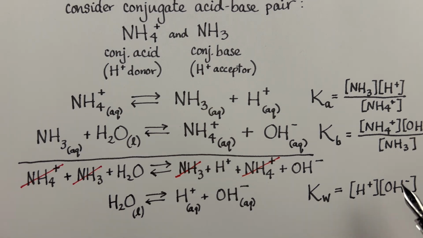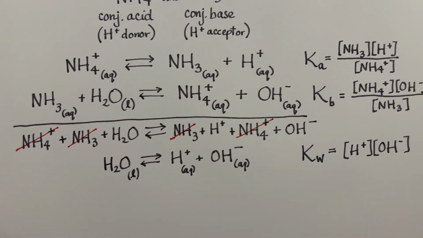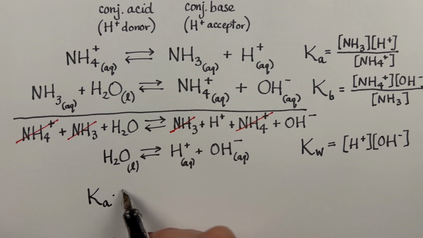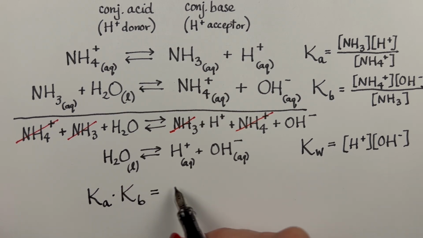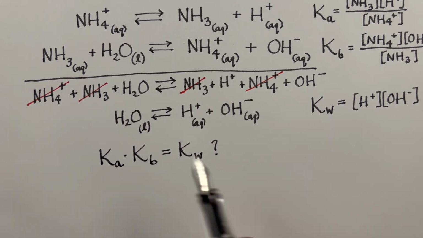And let's just test and make sure that this is true, that this is consistent. Okay, so here's our question. If we multiply Ka times Kb, does it equal Kw? Let's try it out.